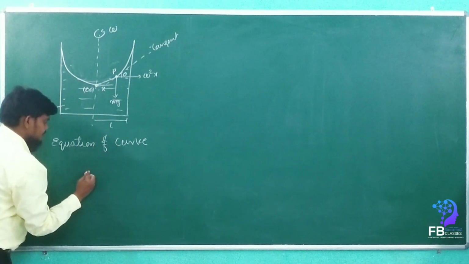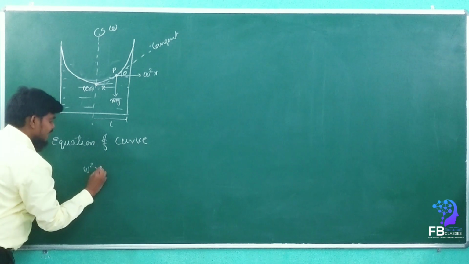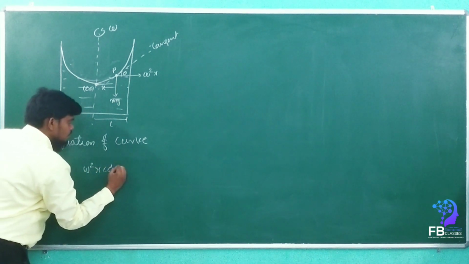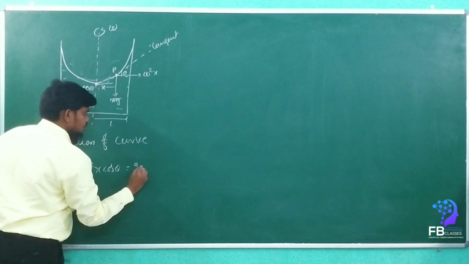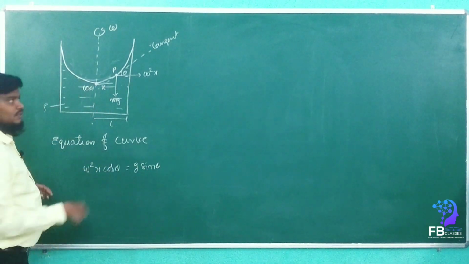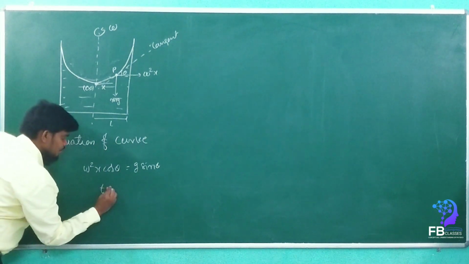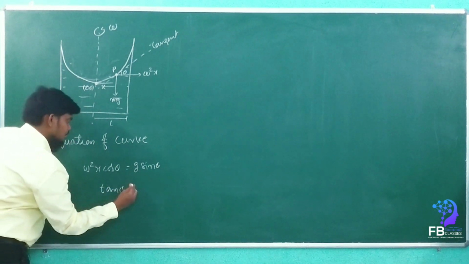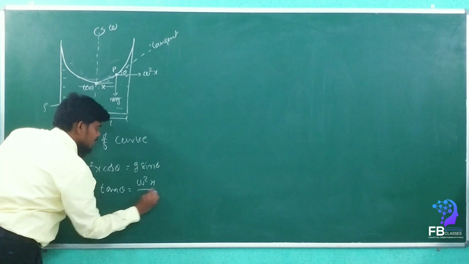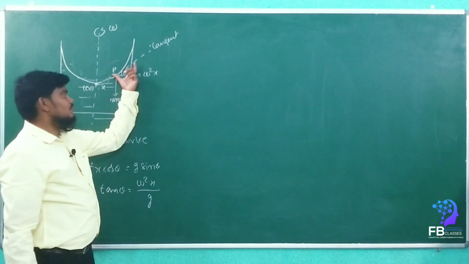So omega square x cos theta is equal to g sin theta. Both sides m will get cancelled. Now tan theta is equal to omega square x by g, my dears. So tan theta is nothing but the slope of the curve.